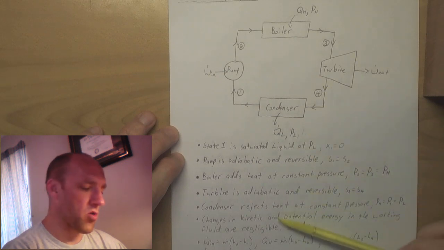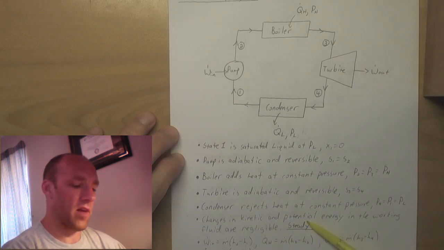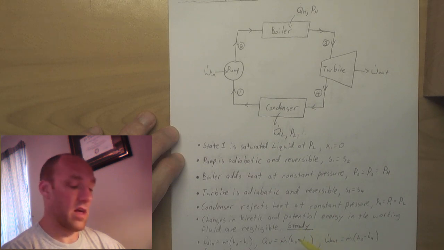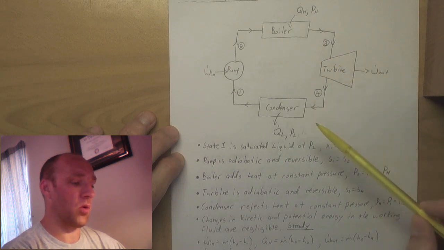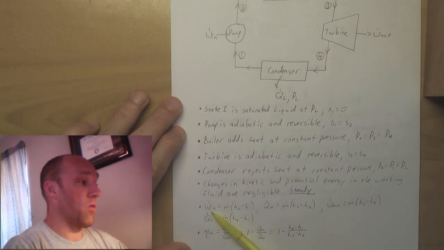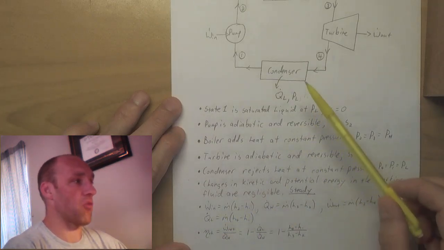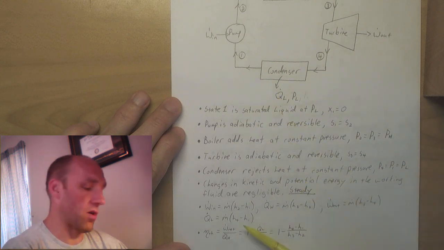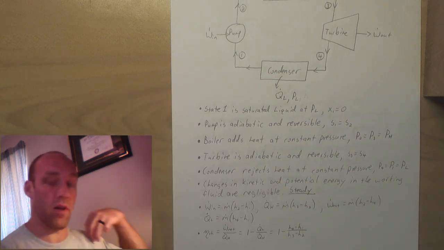So under those assumptions, changes in kinetic energy are negligible, changes in potential energy are negligible, and we're operating under steady conditions. The energy balance for the four individual components simplifies to the work or heat interaction being equal to the mass flow rate times the change in enthalpy as the fluid passes through the device.